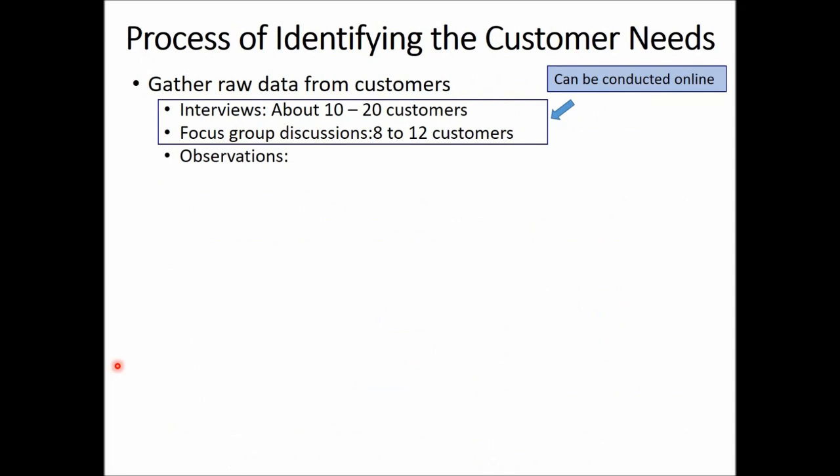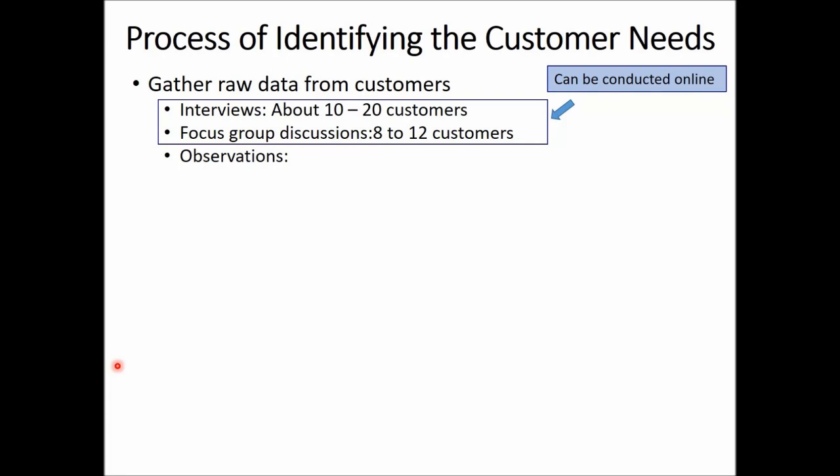So the process of identifying customer needs starts with gathering of data from customers. So basically, we could interview customers and get this important information. You can conduct these things online. You can conduct through phone. You can create a website and get the data. You can use Facebook or anything like that to get in touch with possible customers. And for this exercise that has been given to you, you could consider anybody that you can contact at the moment as customers.